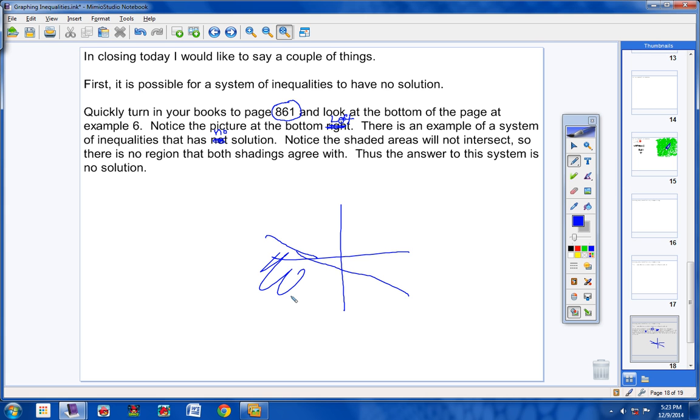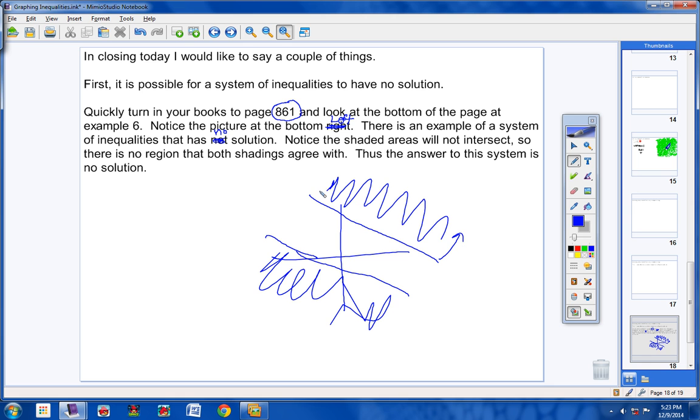And the shaded area is down here. And there's a dotted line like this. And the shaded area is up here. So this line is saying to go this way. This line is saying to go this way. There is no region that both shadings agree with. Thus, the answer to the system is no solution. Okay? And that can happen. So you need to understand sometimes there will be answers with no solution.